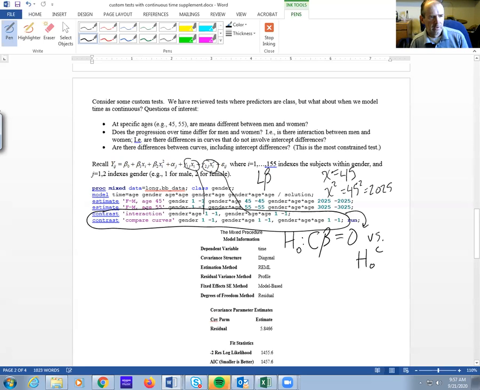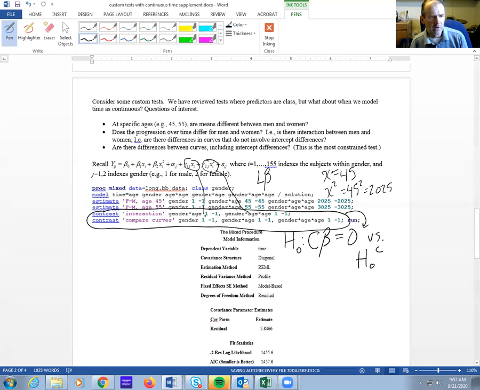So that's saying, are the changes over ages, or the differences between ages, are they consistent between men and women or not? And so that's a test for interaction, but that doesn't consider intercept differences.